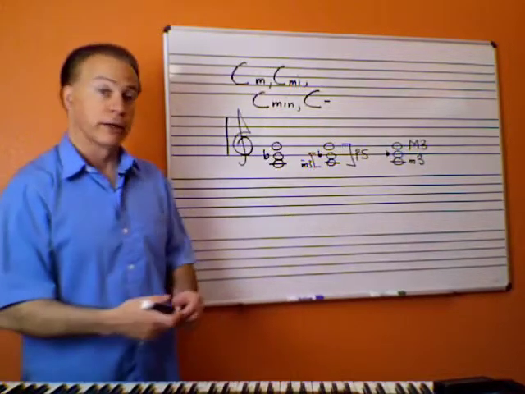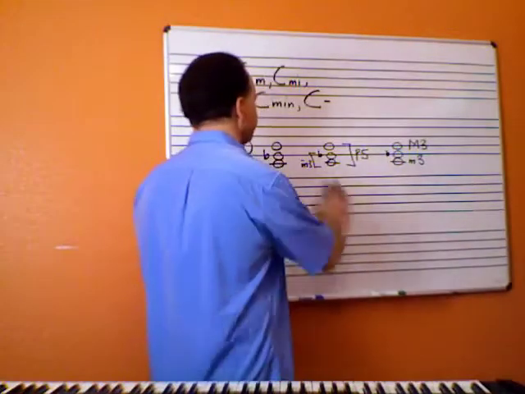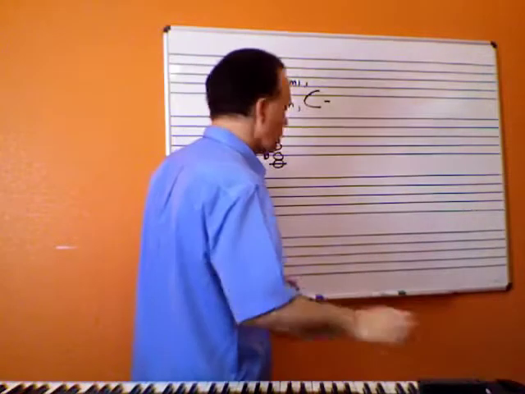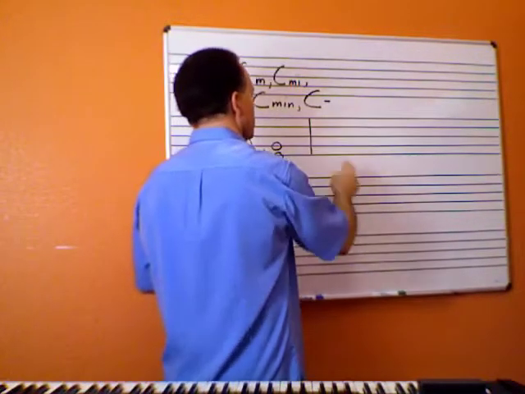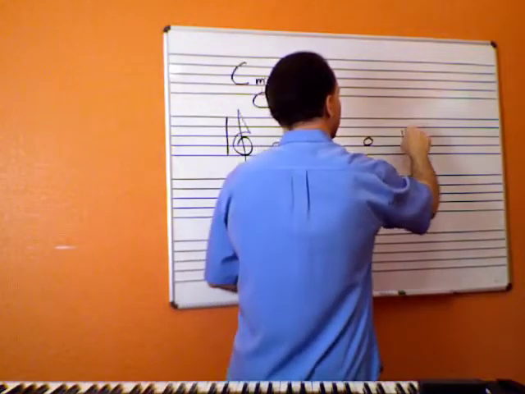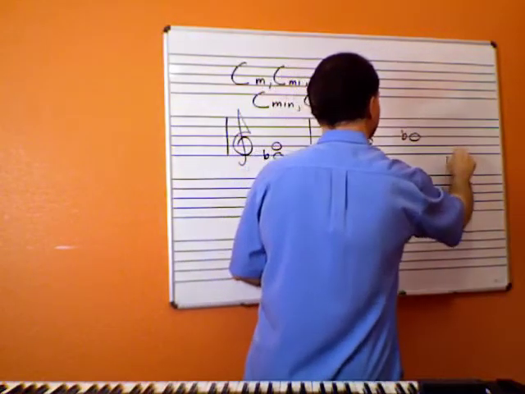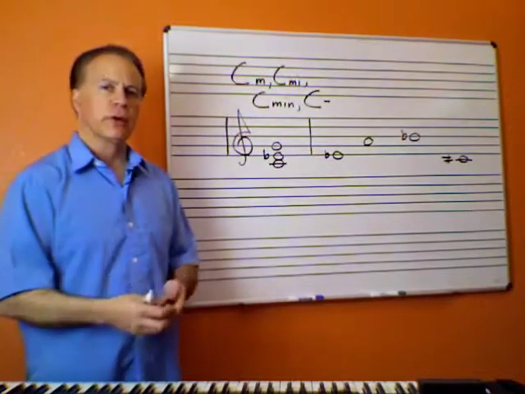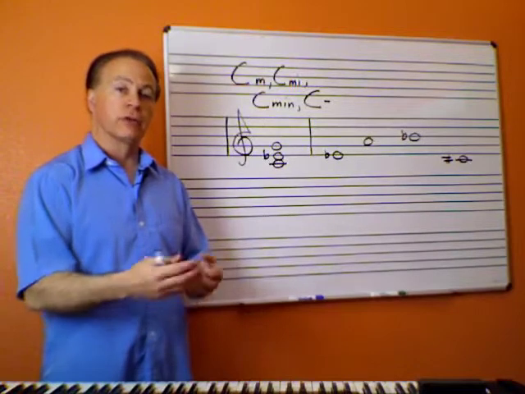But let's try to build a minor triad from some other pitches now. This time, let's do E flat, A, B flat, and how about C sharp? Okay, well, first way, build an E flat major triad and then lower the third.